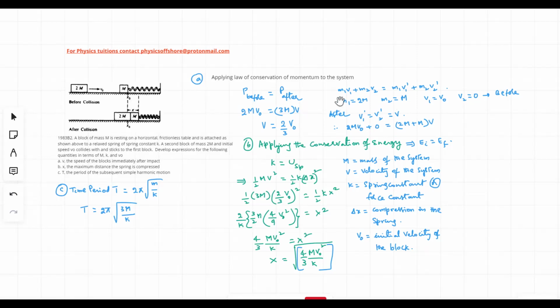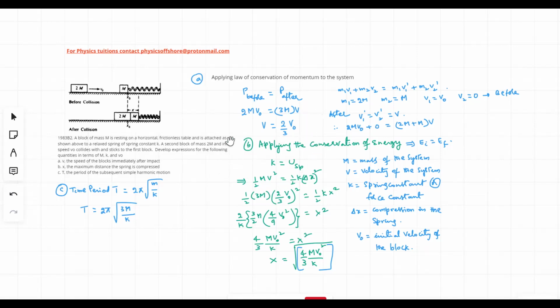So 2m v0 plus 0 is equal to (2m plus m) times v. So 2m v0 is equal to 3m v. Therefore, v is equal to 2/3 v0. This is the answer for the first bit, the velocity of the blocks immediately after impact.